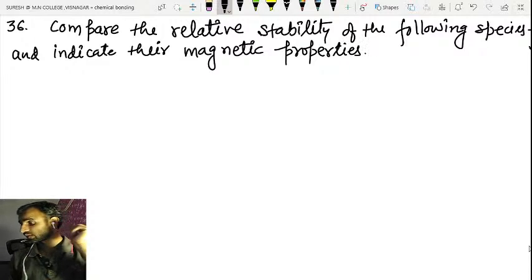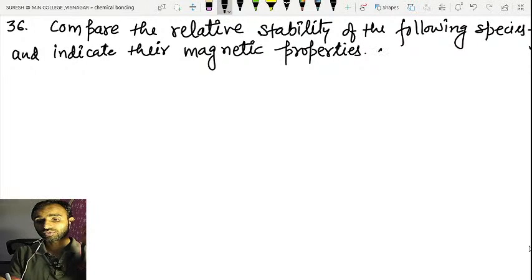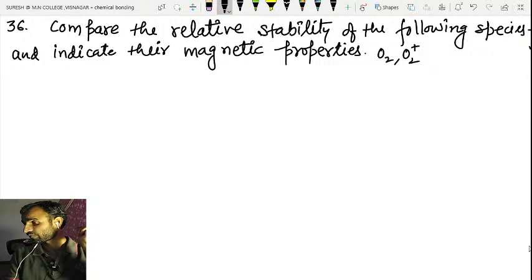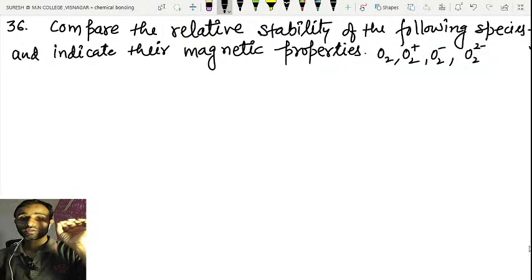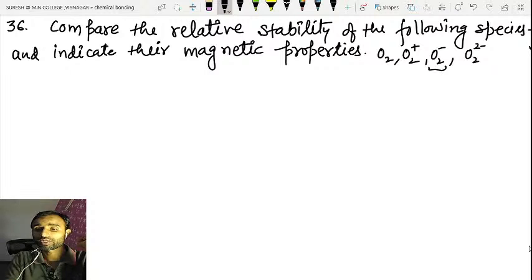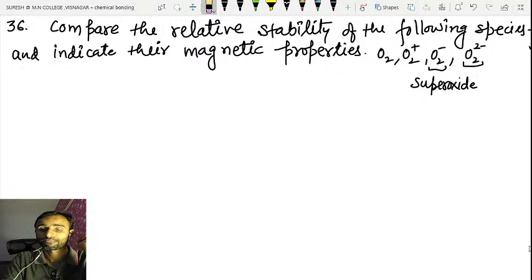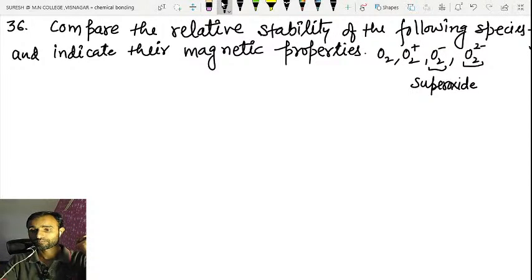First is O2, O2 positive, O2 negative, and O2 2 negative. Now keep in mind, O2 negative is superoxide and O2 2 negative is called peroxide.